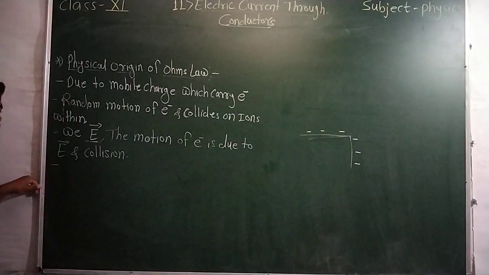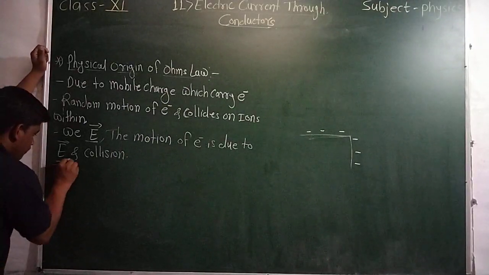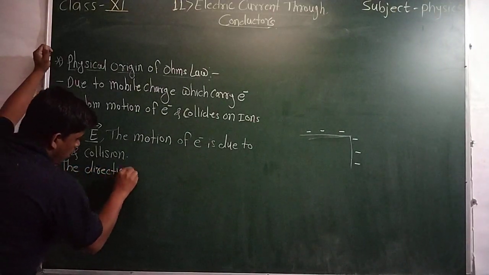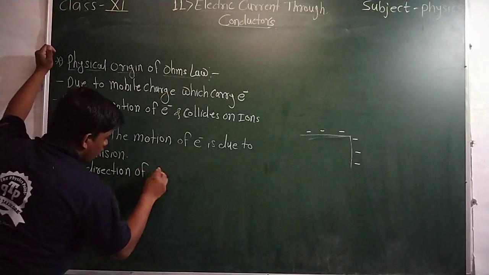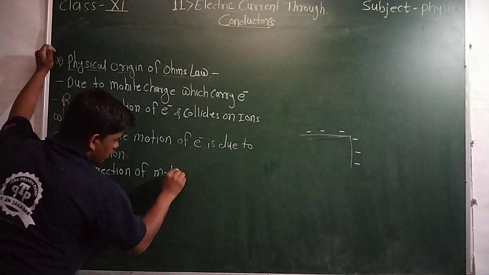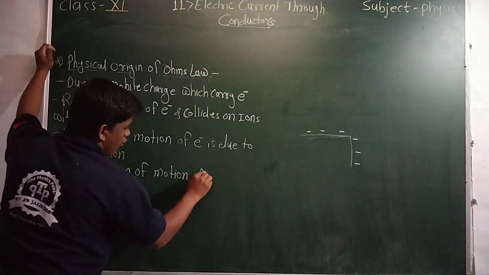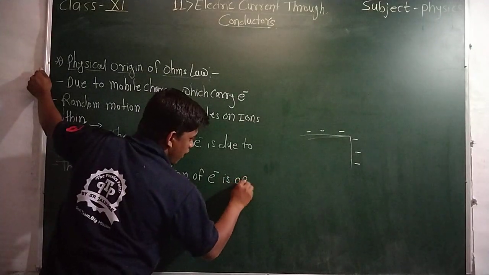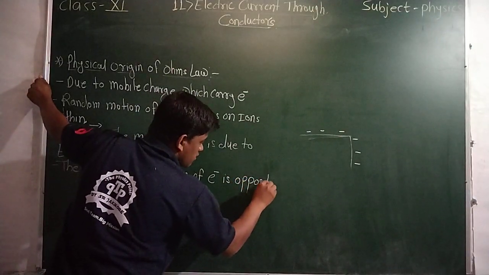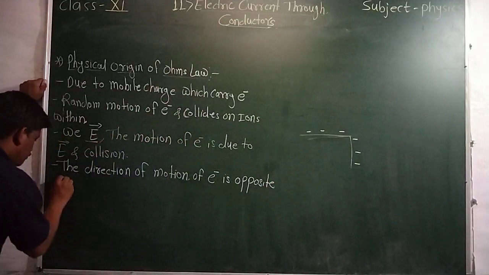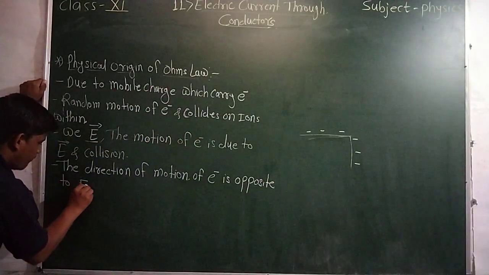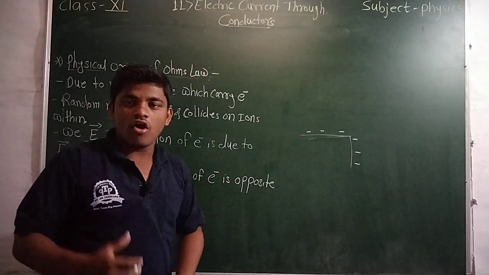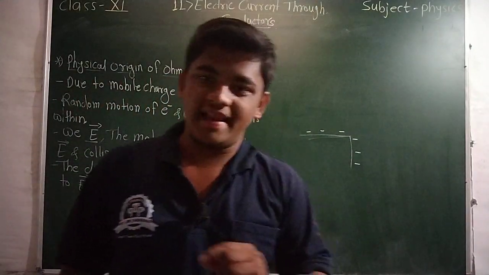Then the direction of motion of the electron is opposite to the electric field E. The electrons move in the direction opposite to the electric field.